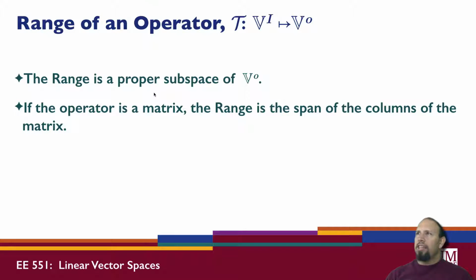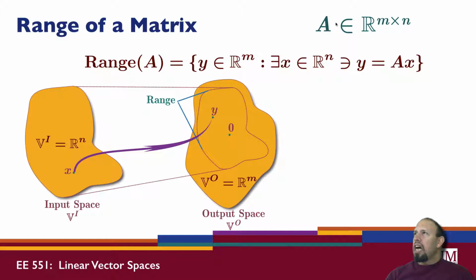So again, the range is a proper subspace of the output space. If the operator is a matrix, then the range is the span of the columns of that matrix. So here again, I'm going to assume A is a matrix, m by n. And again, here's the definition for range. y in this case is in R^m, since our matrix A is real m by n.